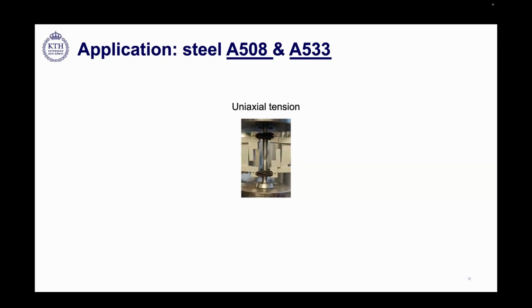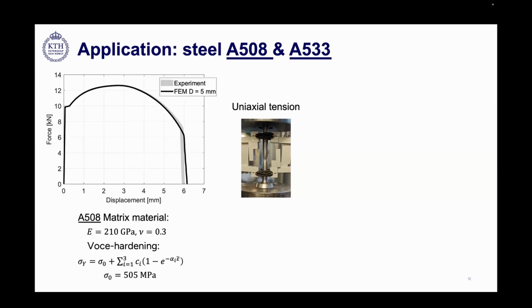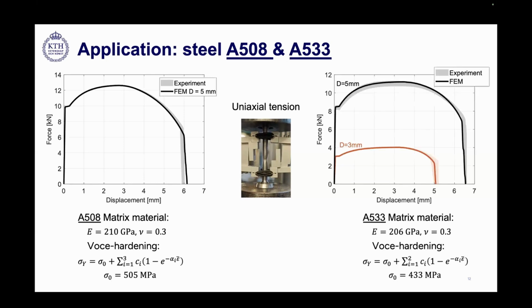We try to apply it to real materials. What we did is an investigation of pressure riser steel. First we extracted the material matrix, which follows a Voce hardening rule.